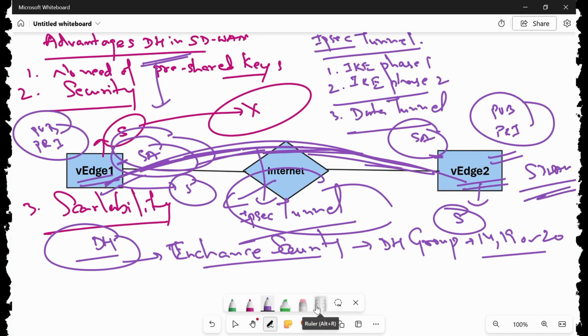Okay, so that's all for this video. In my upcoming videos, we're going to see some labs for SD-WAN. We'll see the different requirements in SD-WAN, and see the graphical interface, GUI, and CLI for edge devices.